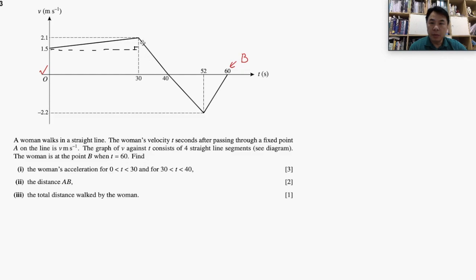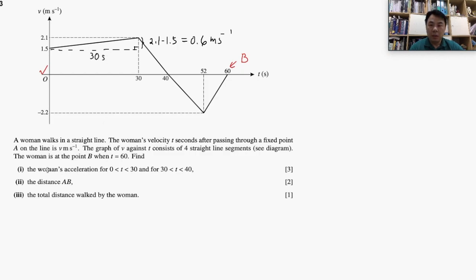By using this right-angled triangle, all I need to work out is the rise, which is basically the difference between 2.1 and 1.5, which is 0.6 meter per second. And then I need to get the width, which in this case is pretty obvious, 30 seconds.